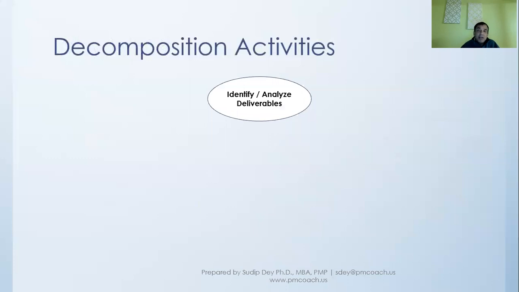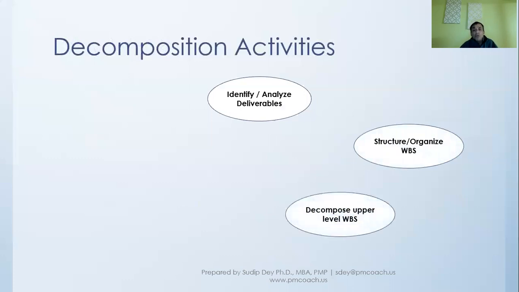The deliverables in the scope statement are typically at a higher level, but depending on how detailed the discussion went, they can also be in much detail. So we take those deliverables, we identify and analyze them, and then we structure and organize them in WBS form, in terms of hierarchy and so on.